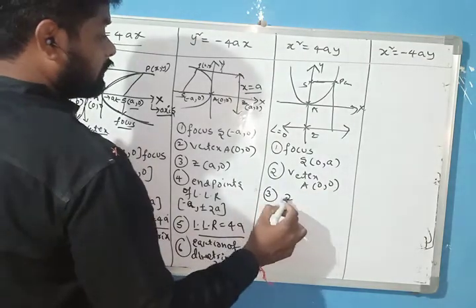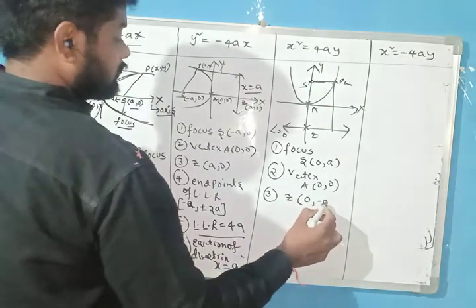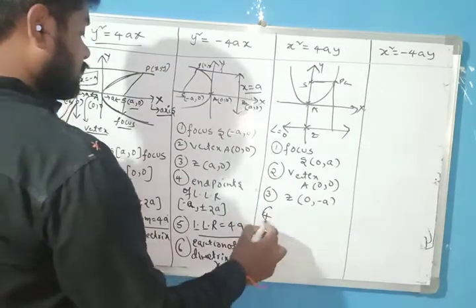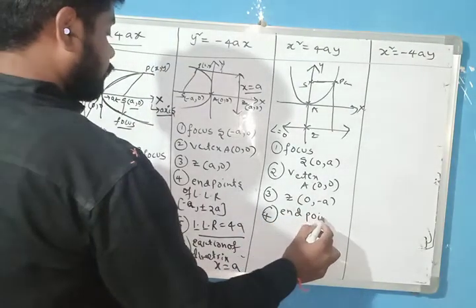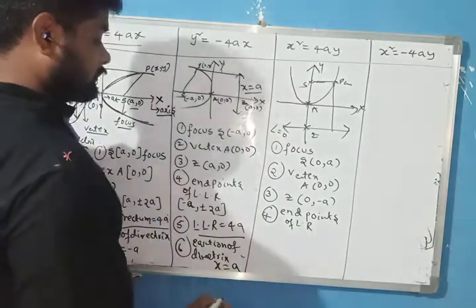Next, Z. Z how much? (0, minus a). Fourth one, endpoints of the latus rectum.